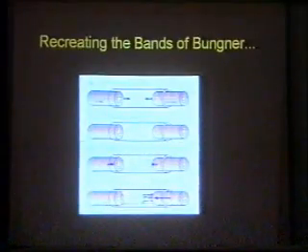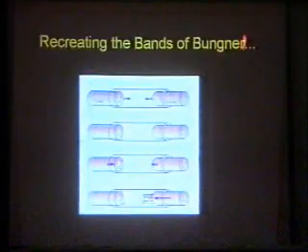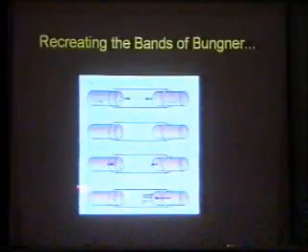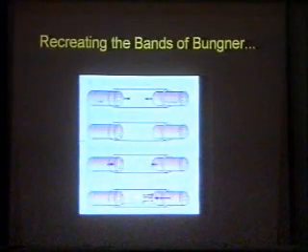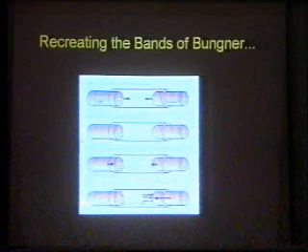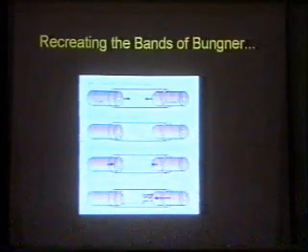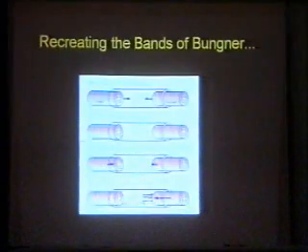And you have a structure called the bands of Bungner, B-U-N-G-N-E-R. The bands of Bungner form, and the nerves follow those bands of Bungner when they regenerate. The question is, when I have a long nerve gap, can I recreate the bands of Bungner by some other artificial strategy? And if I do, will I get regeneration across a long nerve gap?